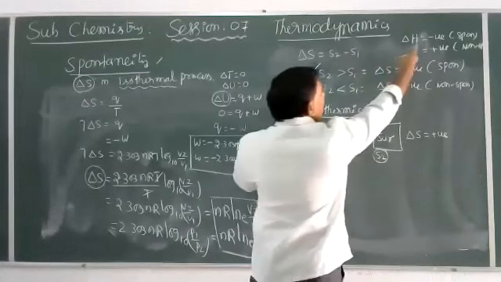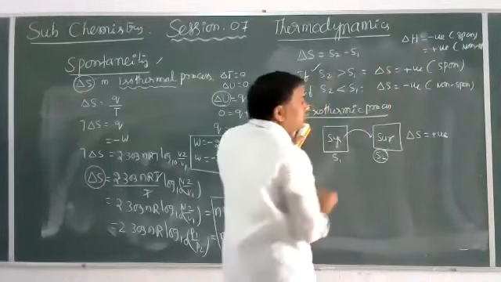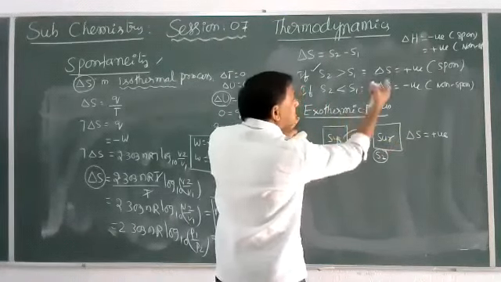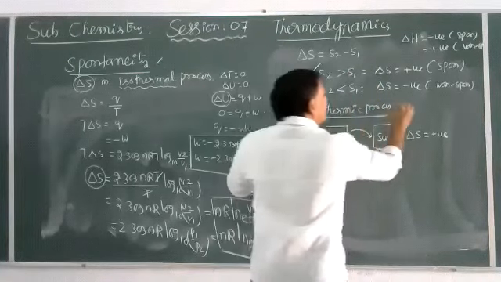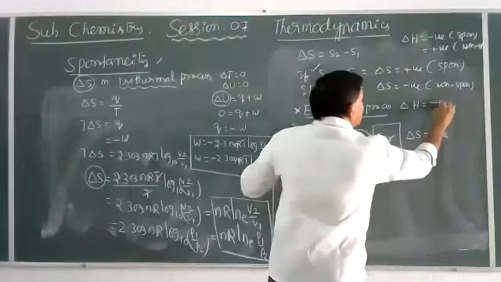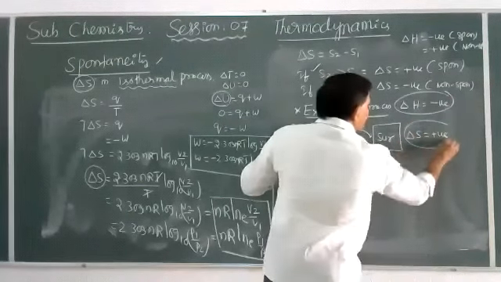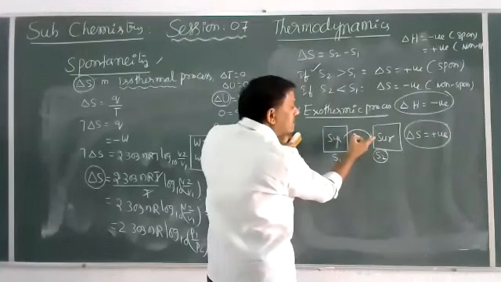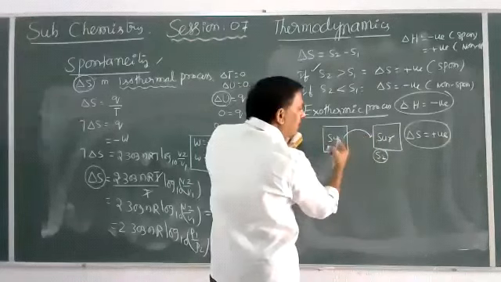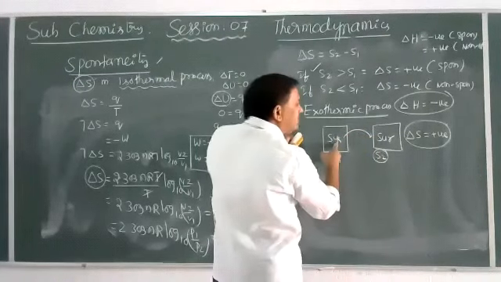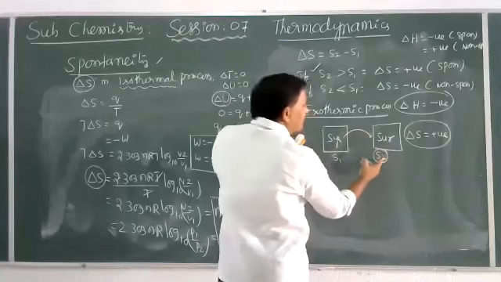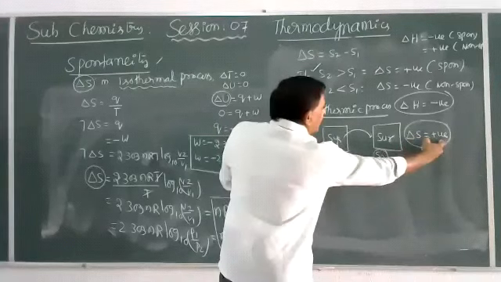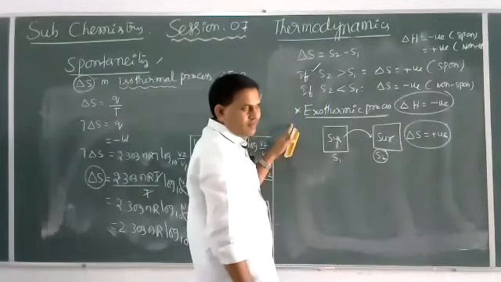Exothermic means delta H is negative, but delta S is positive, because from the system to the surroundings your disorderedness increases. The disorderedness in the surroundings is more compared to the system. Delta S is positive. That's why it is spontaneous.